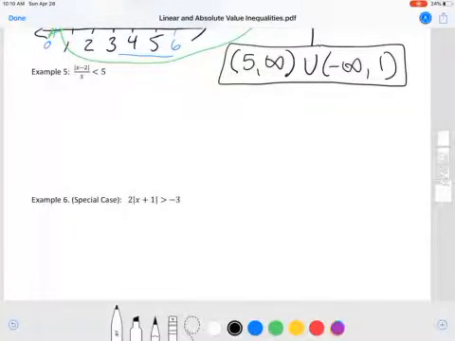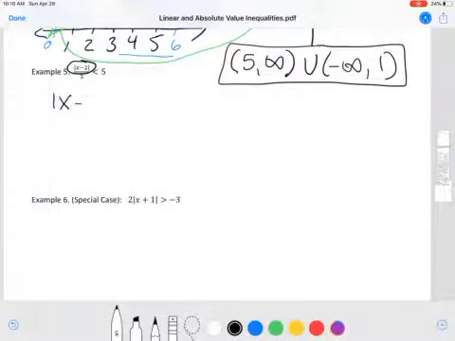Okay, next example. Again, we're going to solve this inequality, but first we have to isolate my absolute value. That's this right here. So I'm going to multiply both sides by 3 to isolate that absolute value of x minus 2.